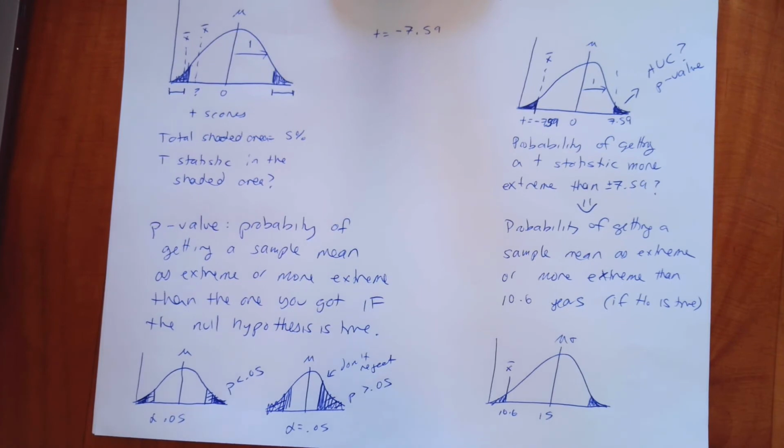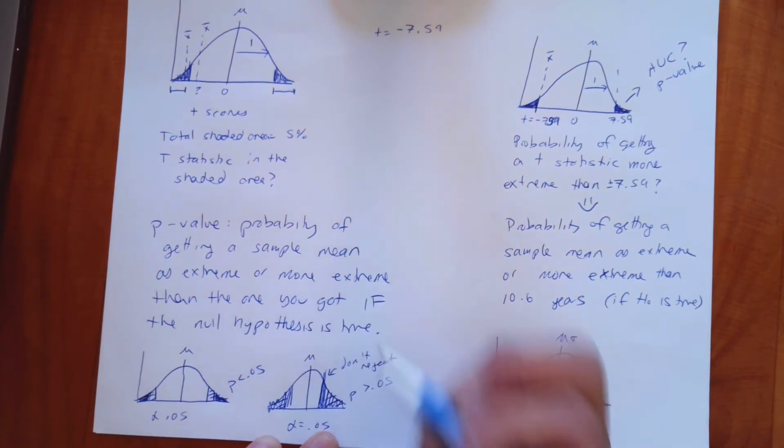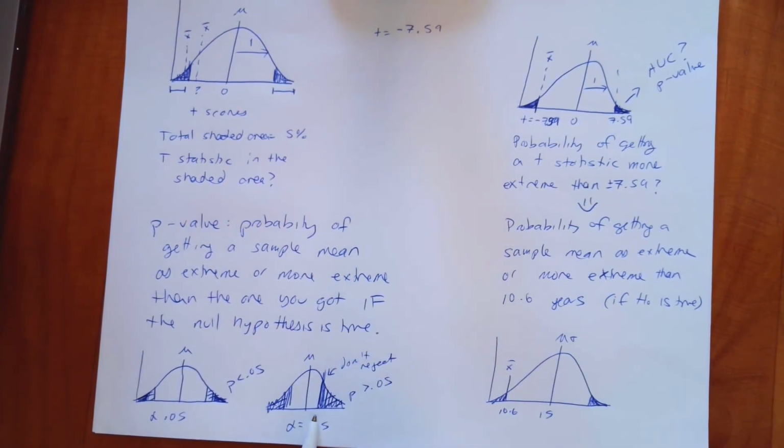If your p-value is larger than your alpha level, it means that the test statistic you got is in this zone where you would not reject the null hypothesis. And it's not that unlikely to get a sample mean as extreme or more extreme than the one that you got.